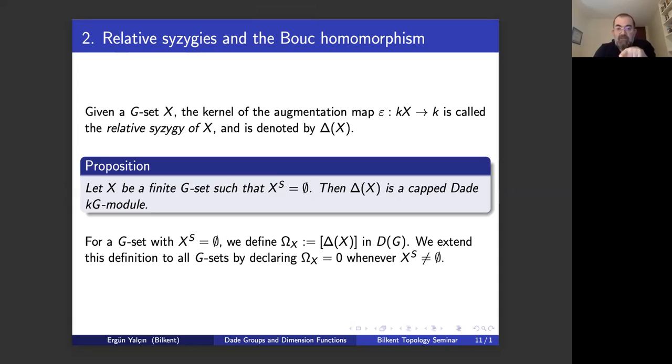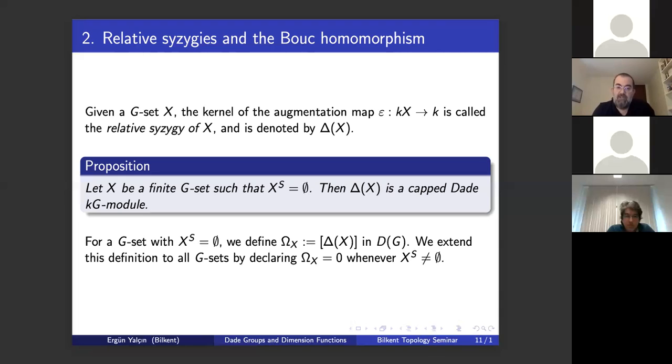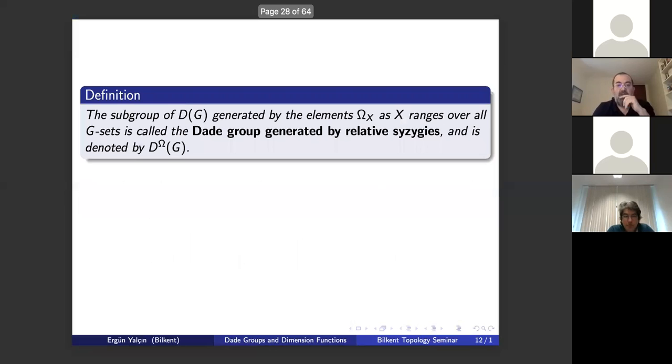For the X where S-fixed points are not empty, we declare omega X to be 0, so that we have a well-defined definition for all the X's. This is crucial if you want to work with all indexing sets X for omega X. By declaring them to be 0, we include all the G-sets. And then we define the subgroup called the Dade group generated by relative syzygies, denoted by D^Omega(G).